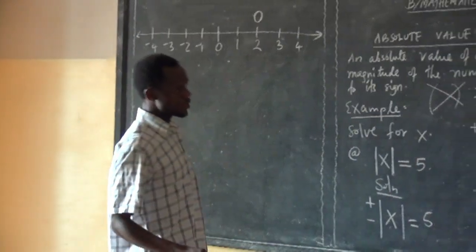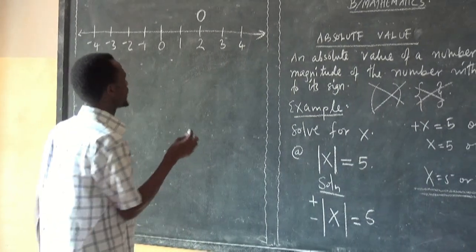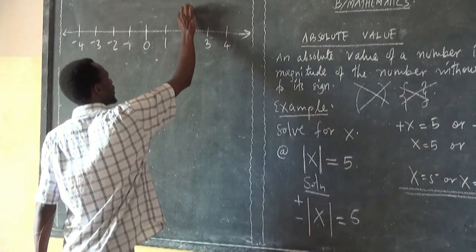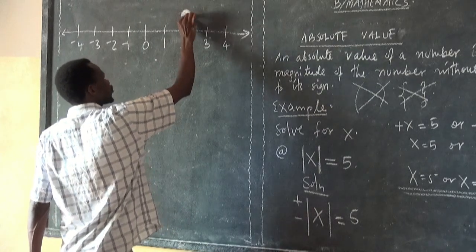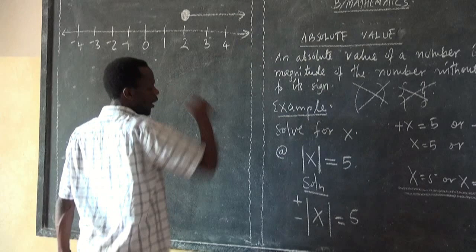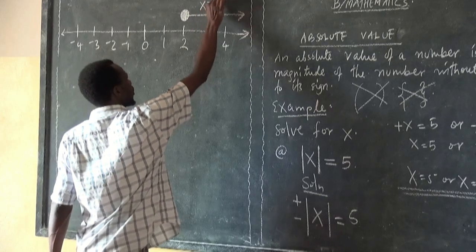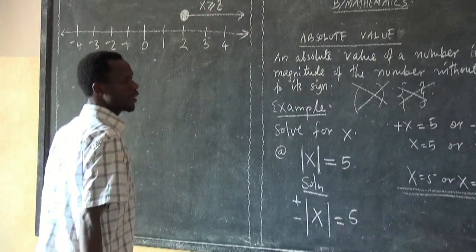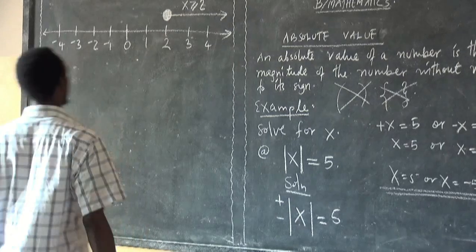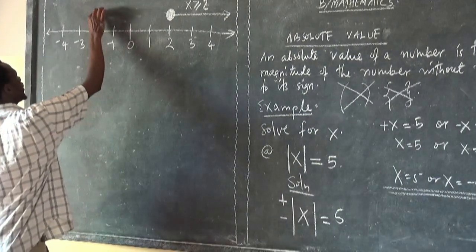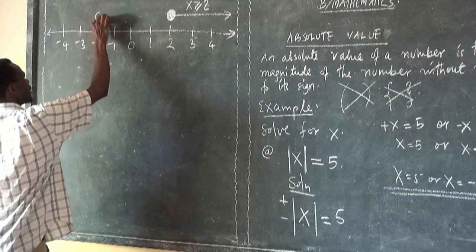But because that is included, we shade our circle. Now greater than 2 going this way. Are we together? Yes. Now this is x greater than or equal to 2. Then we have negative 2. Negative 2 is here.